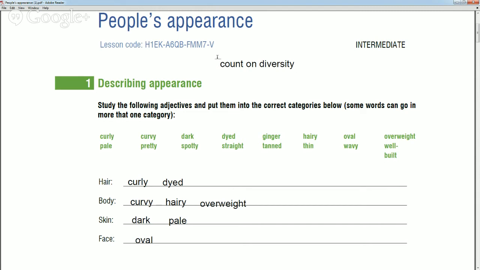Depend on diversity. I like that, that's why I wrote it down. As societies, we really have to depend on diversity, because if everything's the same, it's boring, you know.